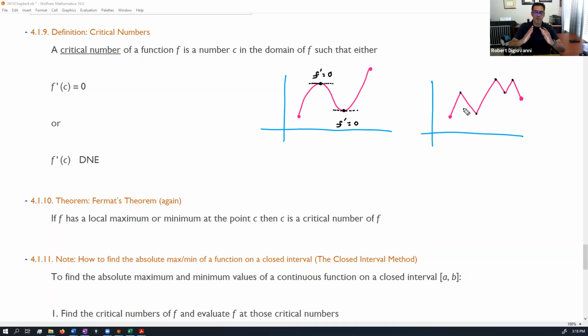Because remember when we talked about derivatives, we said if we have a corner or a cusp, then the derivative doesn't exist. So at these points, the derivative isn't 0. The derivative does not exist here, here, here, and here, at all of those corner points.